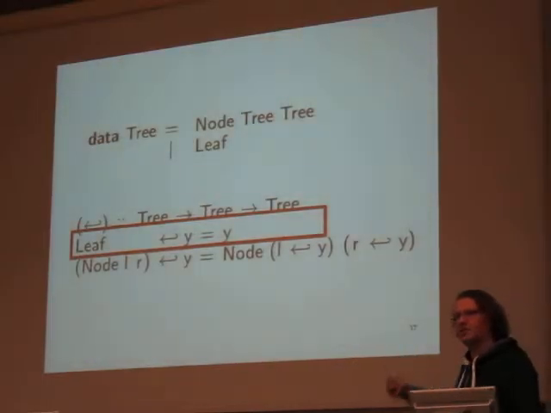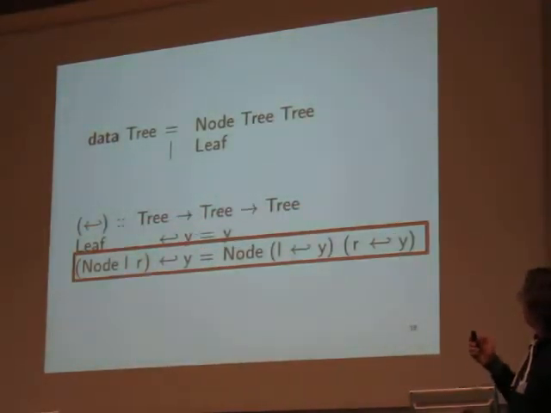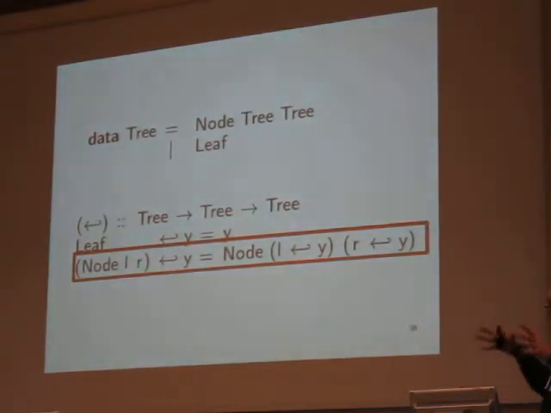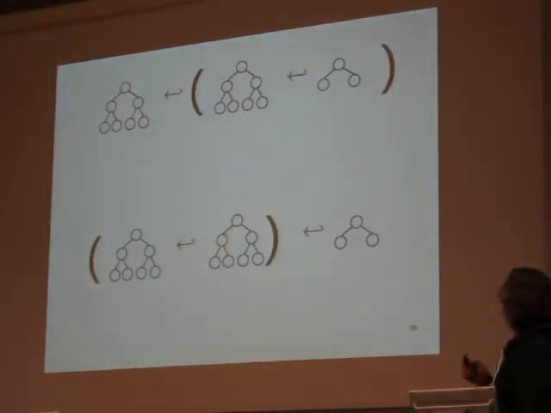This looks a lot like list concatenation, right? Just a bit more general. And if the left-hand side is a node, then we recurse over both children and substitute the right-hand side tree in both children. Yes? Great.